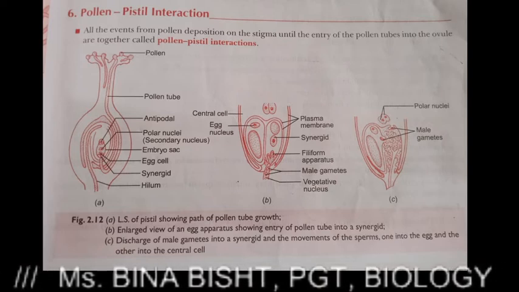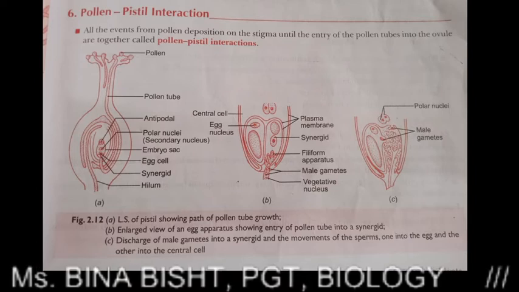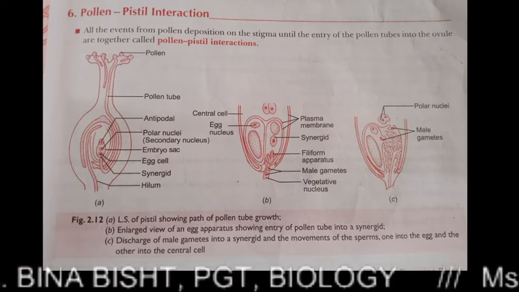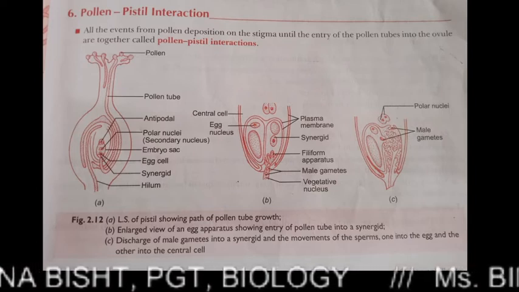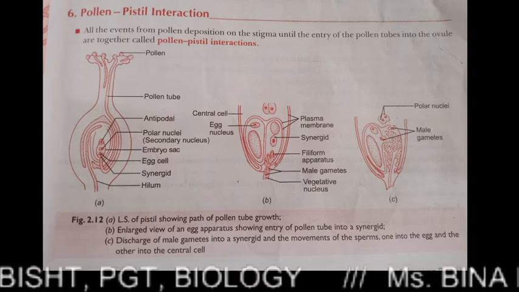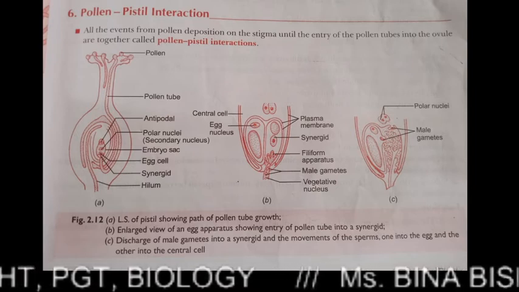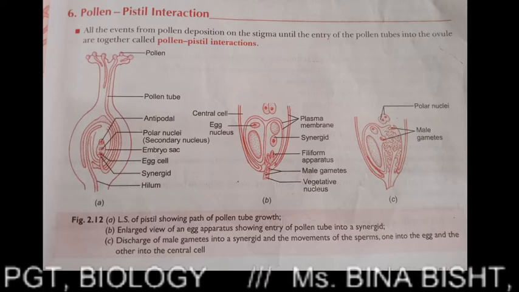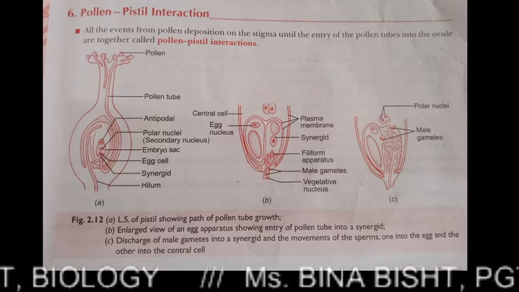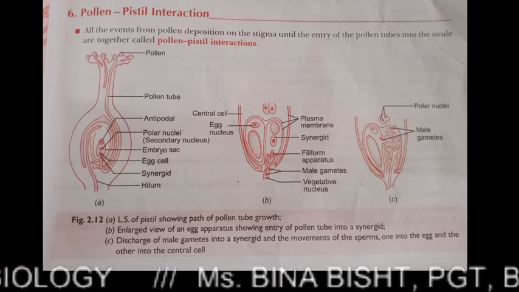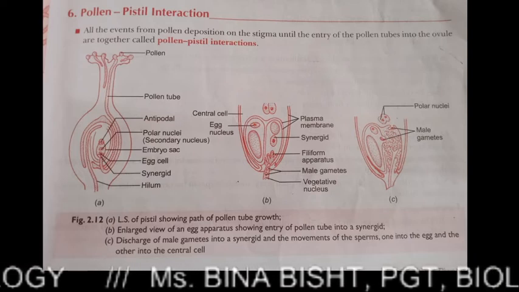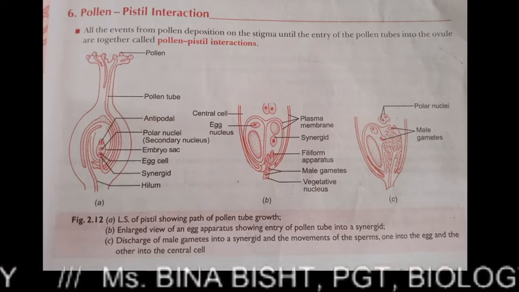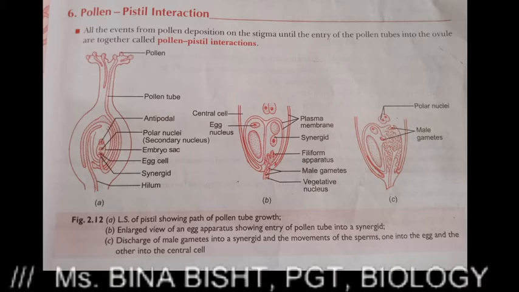Many questions are raised from here: what is a germ pore? Structurally the pollen wall has two layers, intine and exine. Through the germ pore, the intine comes out as a tube-like structure that we call the pollen tube. Later the entire content of the pollen grain enters the pollen tube.